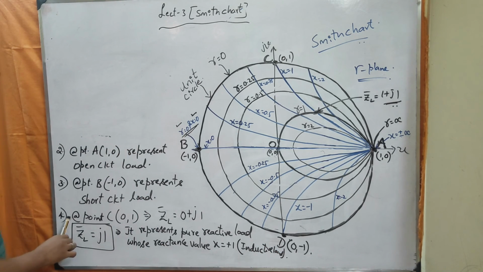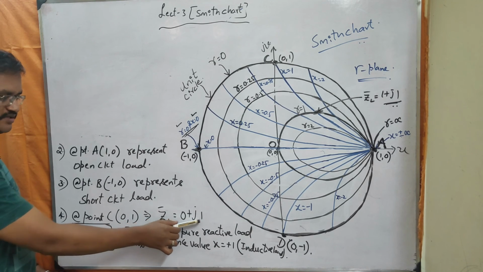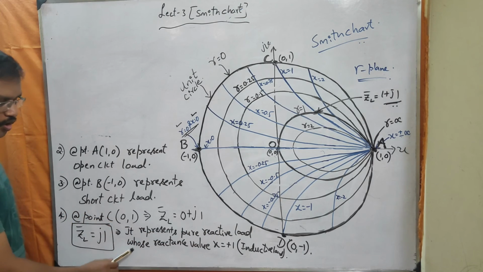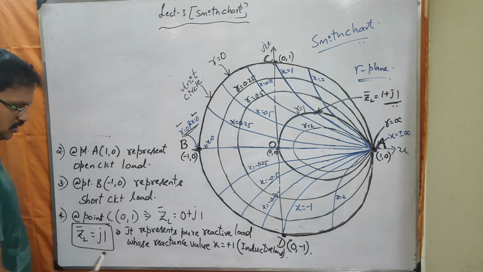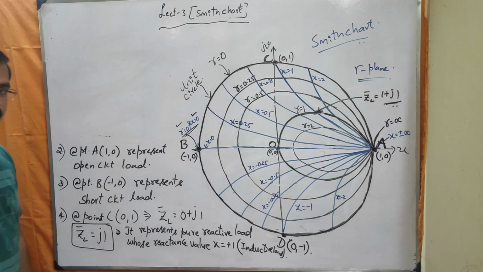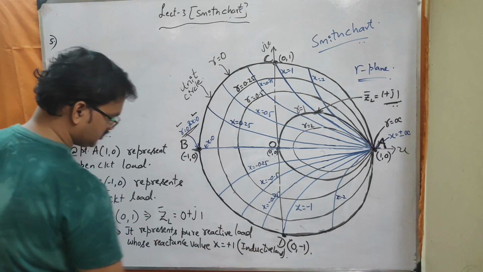So at point C of (0, 1), the load impedance is 0 plus j1. That means it represents a purely reactive load whose reactance value is equal to plus 1. Since it is positive, it represents an inductive load.